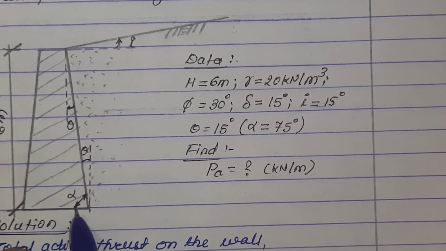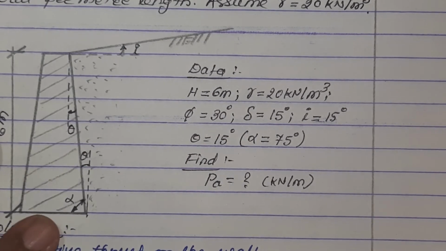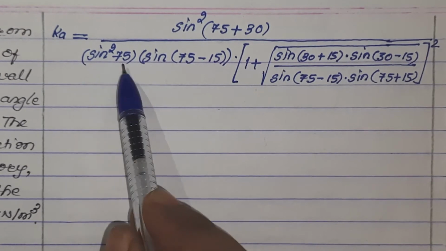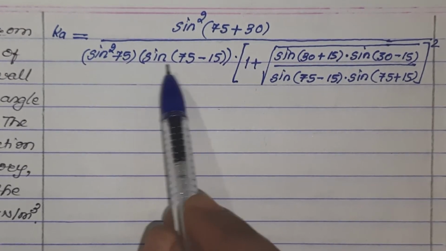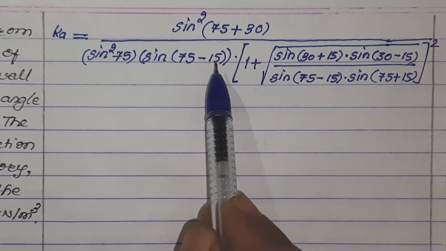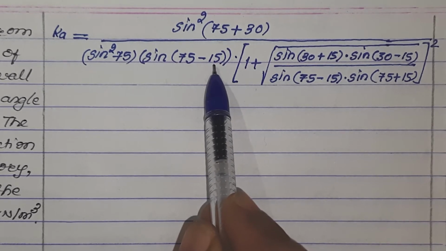Alpha is this angle made by this inclined or battered face with the horizontal. It is 75, divided by sine square alpha, again 75, multiplied by sine of alpha minus delta, hence 75 minus 15. What is delta? Delta is the angle of wall friction.